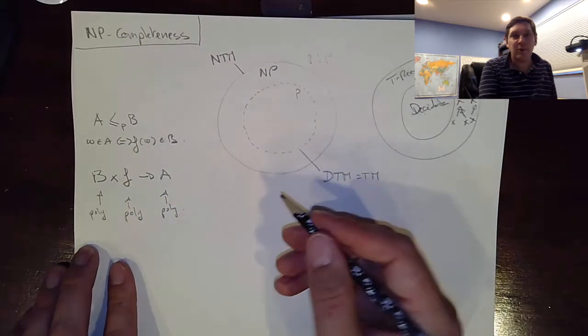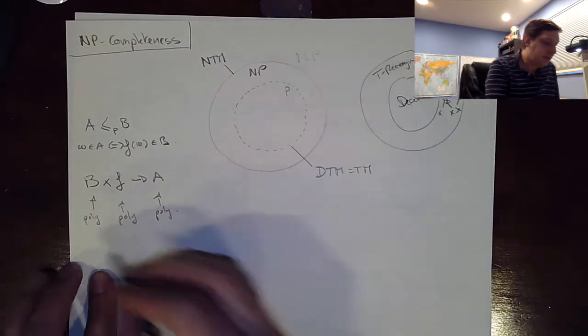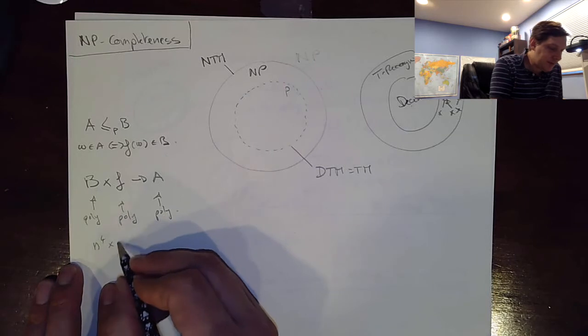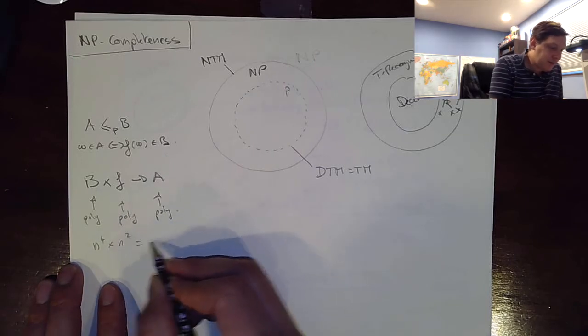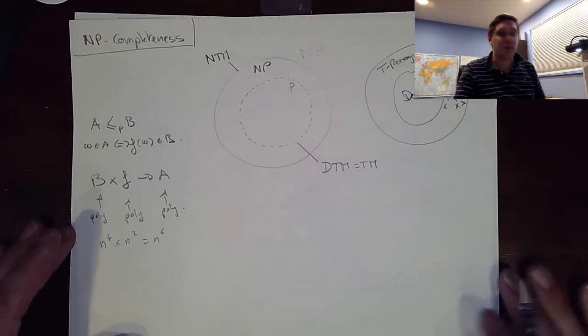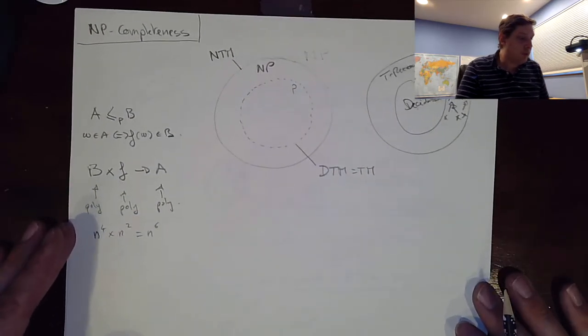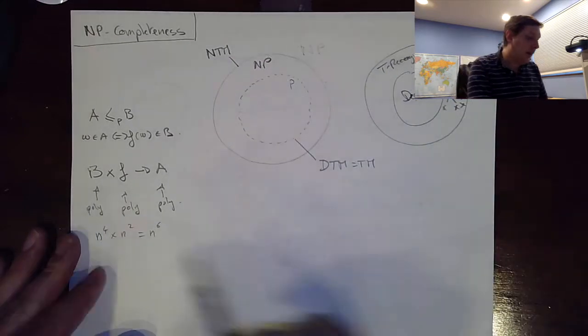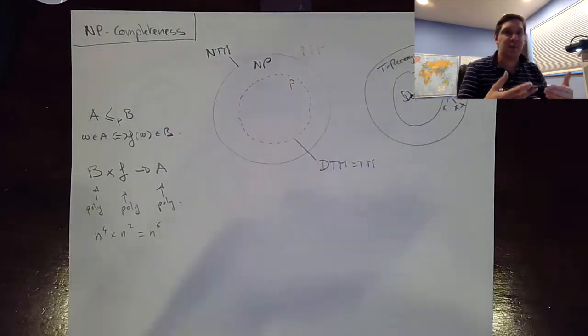Why? Because polynomial times polynomial is polynomial. If you take n to the power of 4 times n to the power of 2, you still get n to the power of 6. You need a jump for exponential time, and you need some kind of exponential parameter.